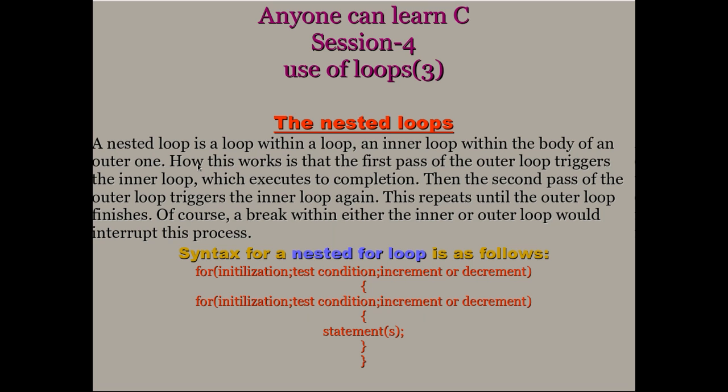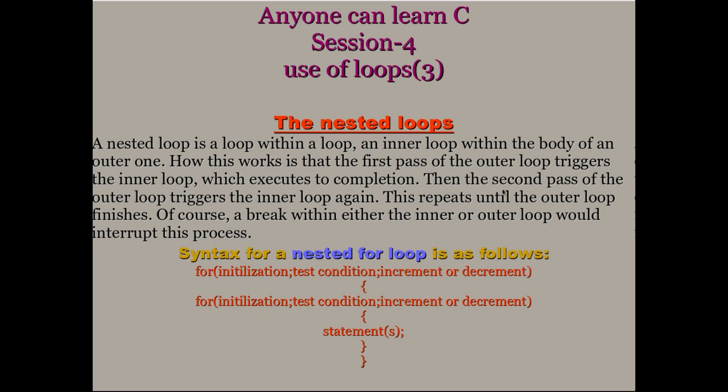Now how does this work? The first pass for the outer loop triggers the inner loop. That means if we give some statement, it will first pass the outer for loop, then it will go through the inner loop, which executes to completion.